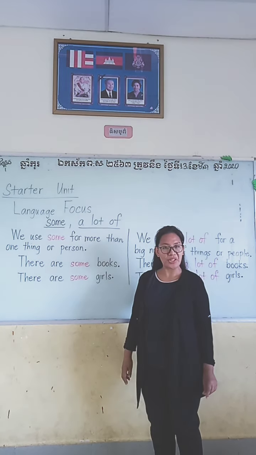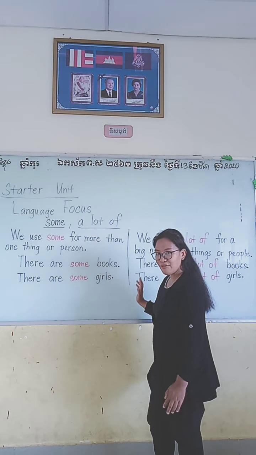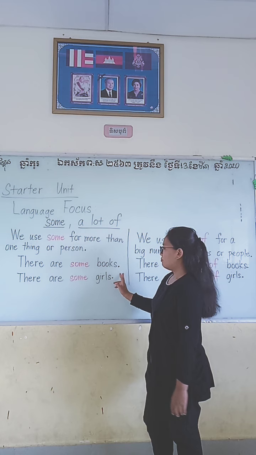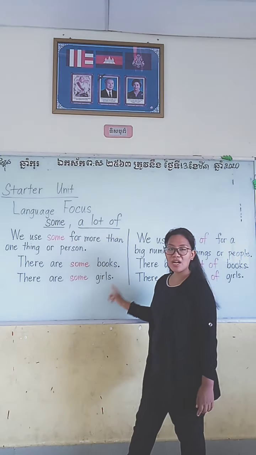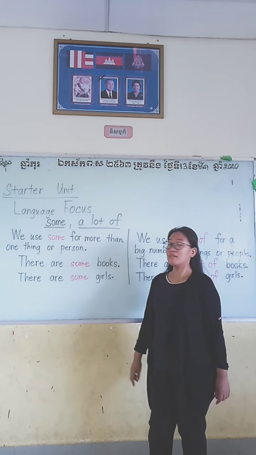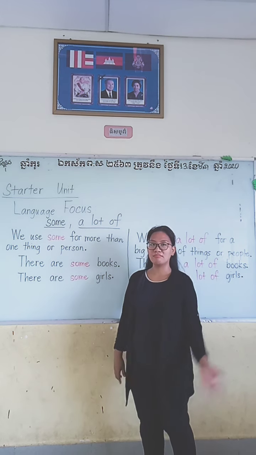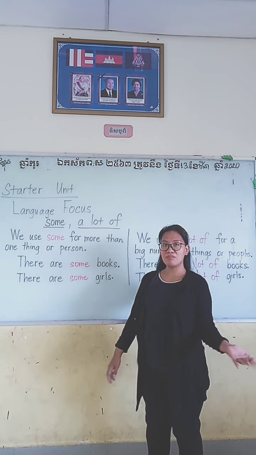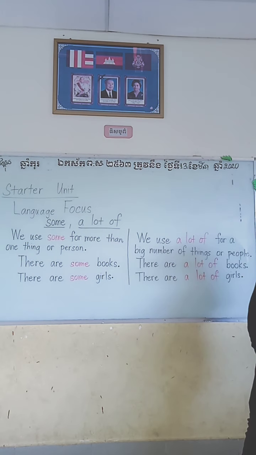It should be more than one. 2, 3, 4, or 5. Next, there are some girls. That means it is more than one thing or person, so it's more than one. Okay?